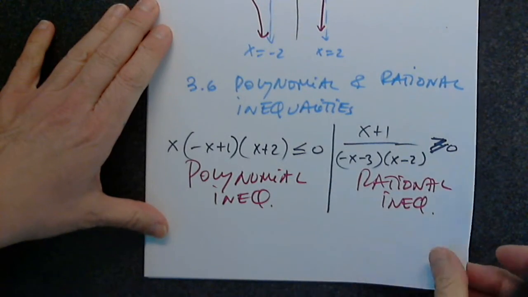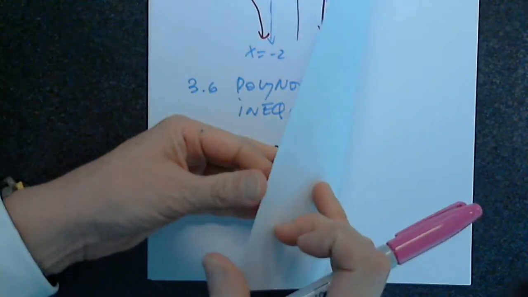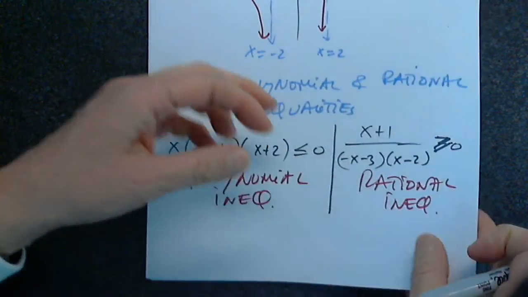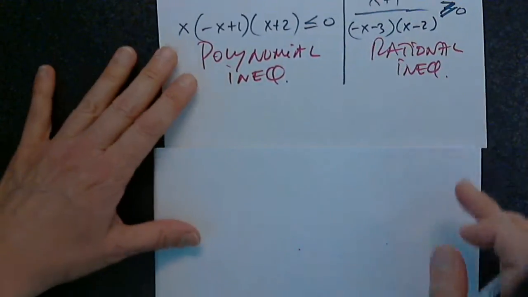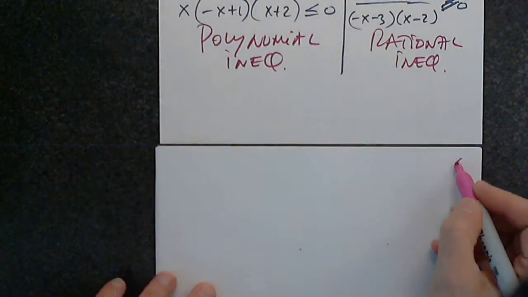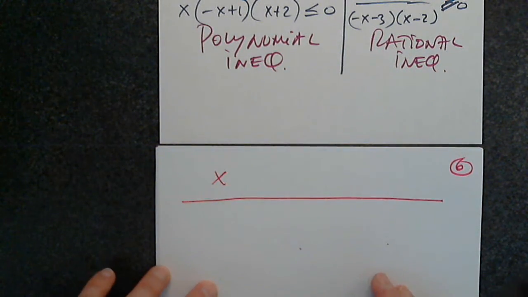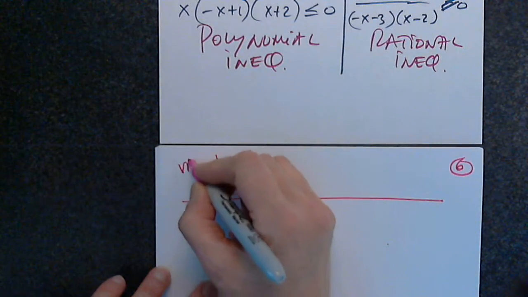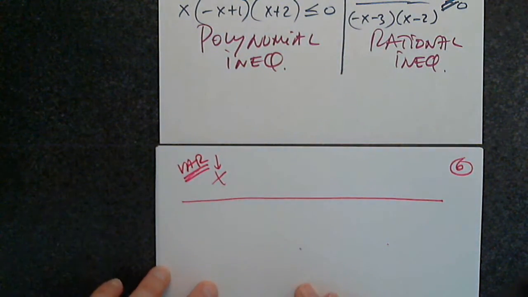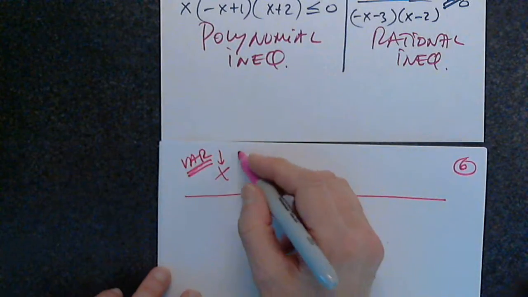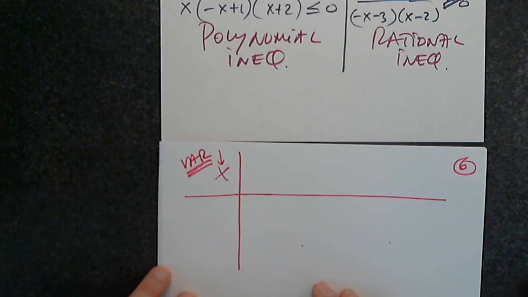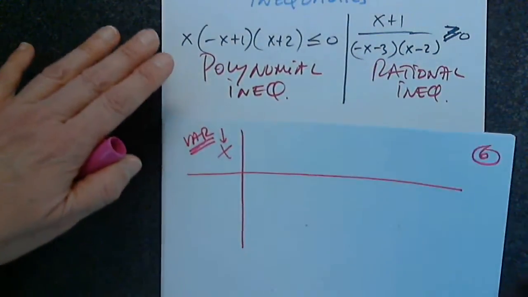So let's solve the first inequality. Here it is. Again, a table. This first line at the top is the variable. This does not represent any of the factors in the polynomial.